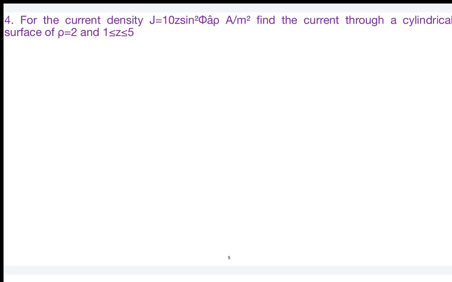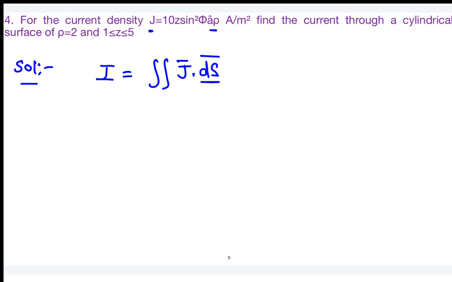So let me do this. In case of a volumetric current we have seen, the current is basically the current density multiplied with the area. Now this question you have to answer me: since the current lies in the direction of rho, what should be the surface direction in that case? The surface is what plane?